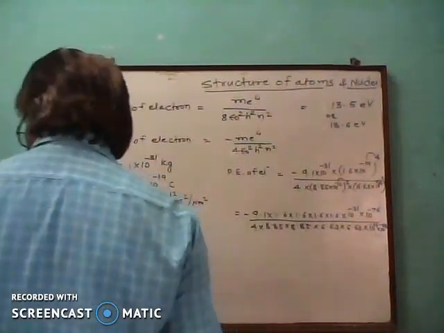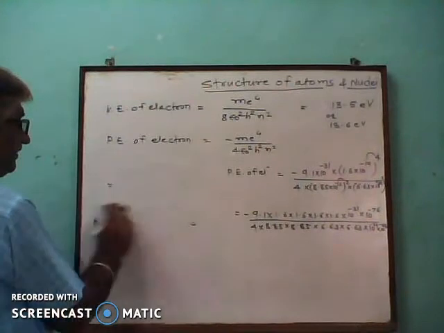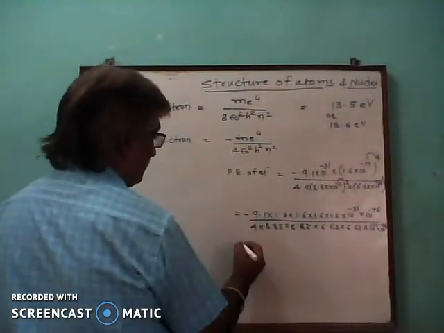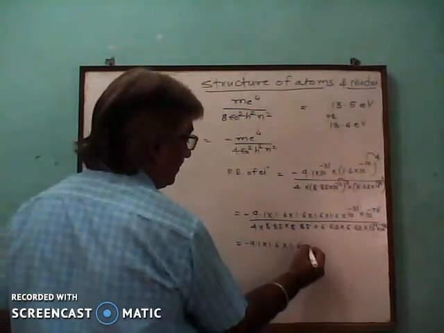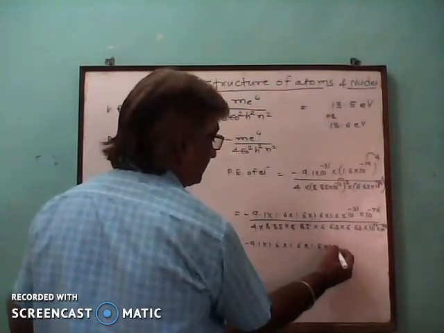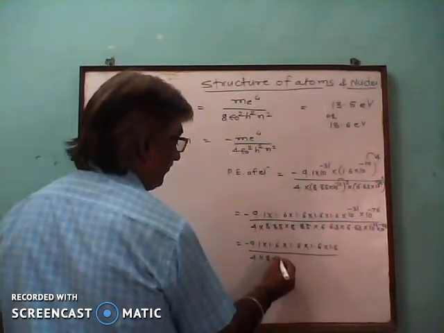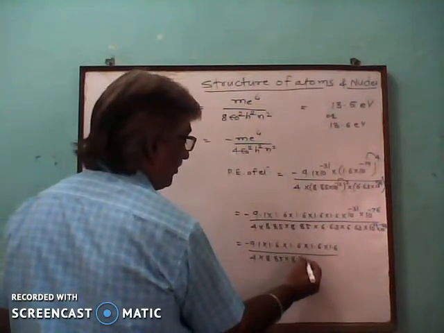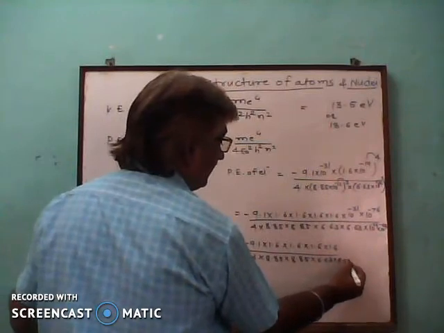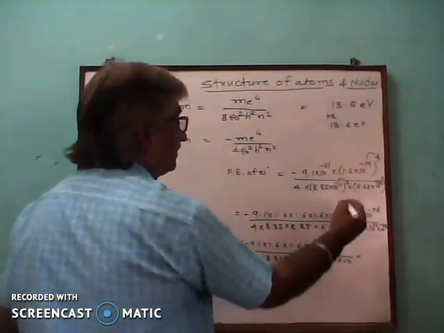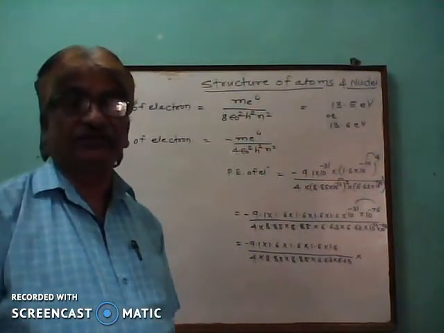If we add, here it becomes minus 9.1 into 1.6 into 1.6 into 1.6 into 1.6 divided by 4 into 8.85 into 8.85 into 6.63 into 6.63 into 10 to the power of the addition of these, minus 1 and 107.